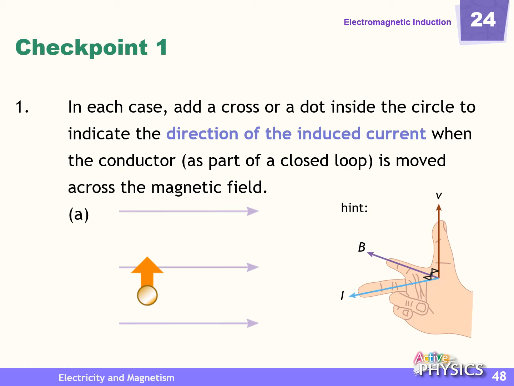Okay, and now we'll see some examples. In each case, add a cross or a dot inside the circle to indicate the direction of the induced current when the conductor is moved across the magnetic field. In this case, we need to apply the right-hand rule: your thumb is velocity, your pointing finger is magnetic field, and the current is your middle finger.